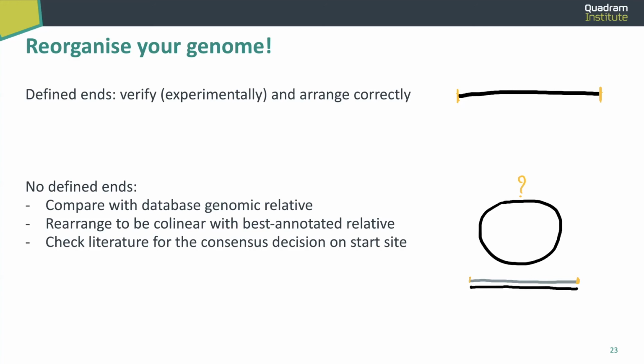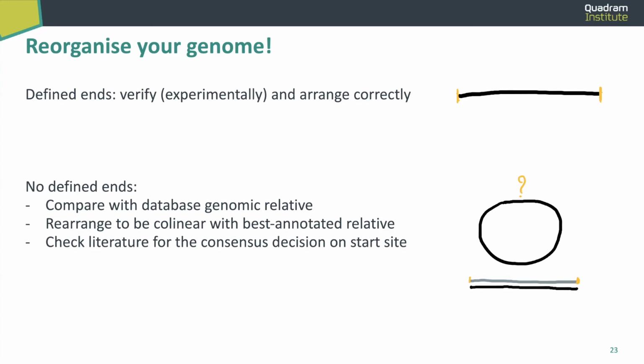When you have defined ends, there's no question on where you need to have your genome start and stop. One of the things that has emerged as the consensus is that in your final file, you have your terminal repeat, if there's terminal repeats, present at the front, and then indicate that this is your terminal repeat sequence, and then not have it present for the rest of the genome.